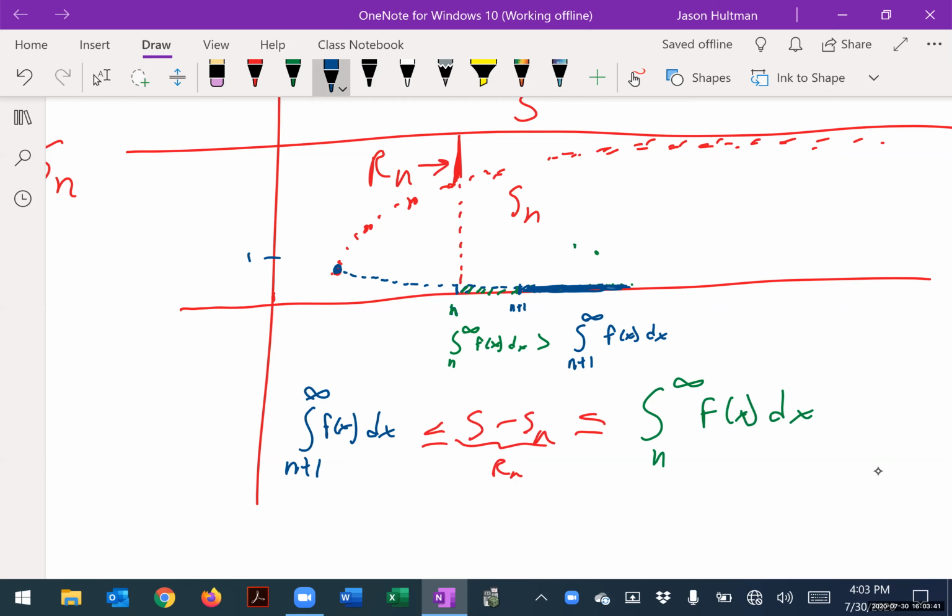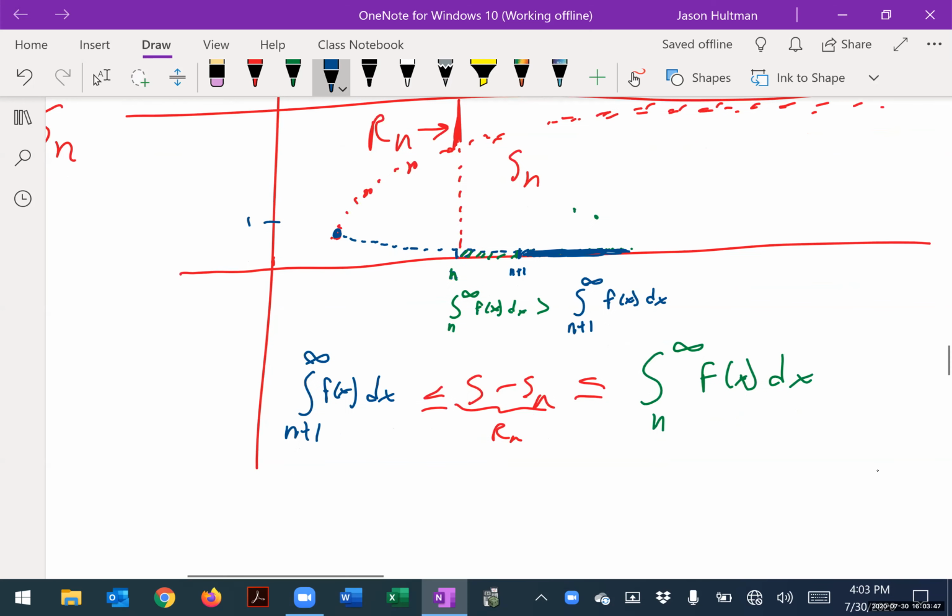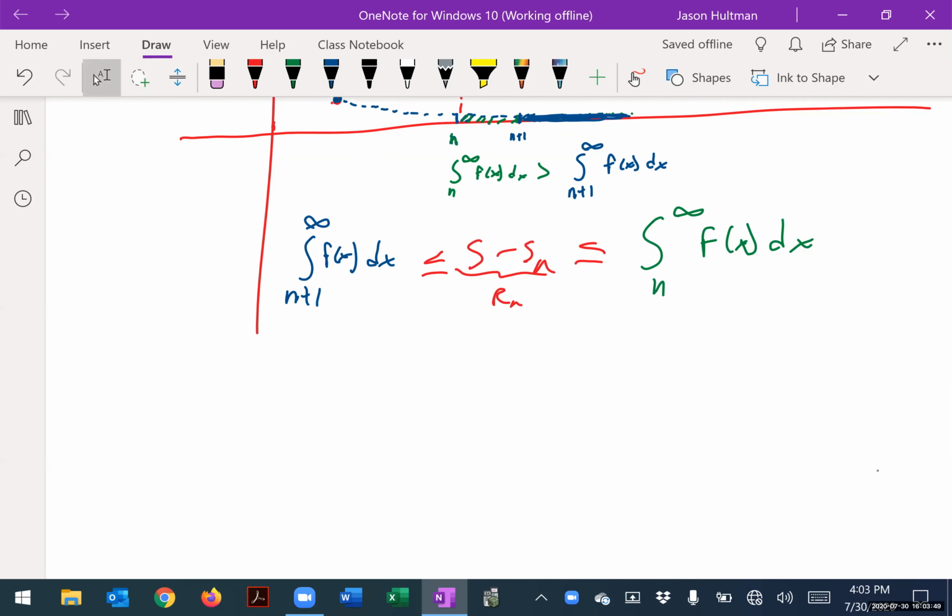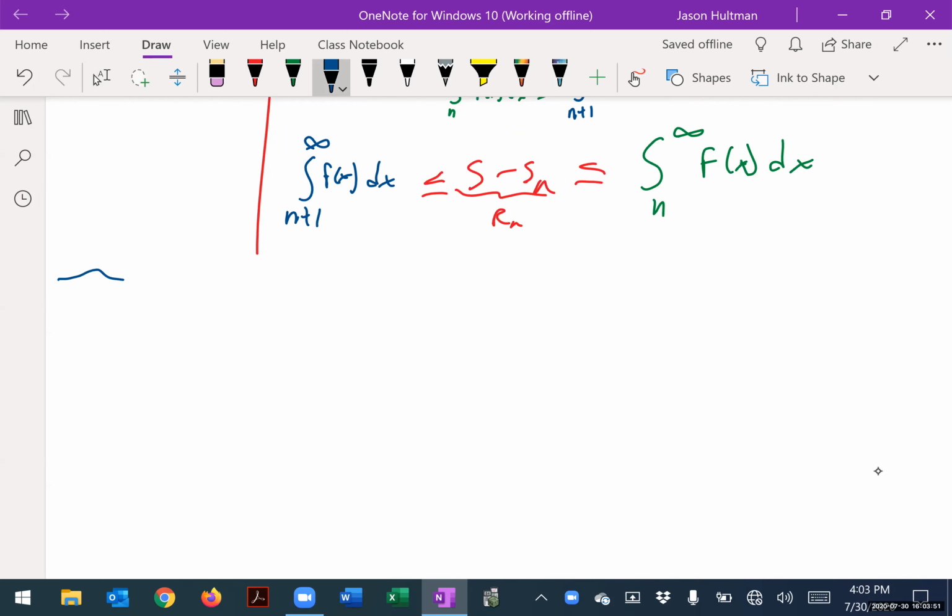And this one is smaller because it contains less area. That's all it's saying. With that said, let's just do a problem. Let's get out of theory hell here. Let's just run some numbers.